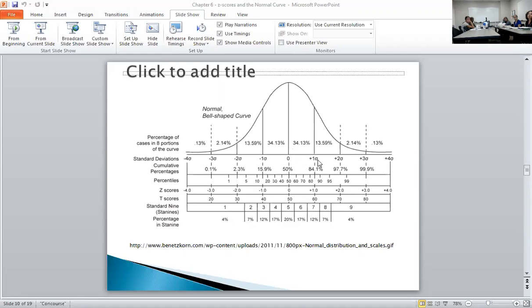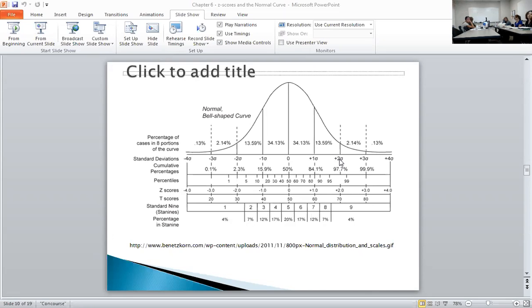If it's between 1 and 2 standard deviations, either above the mean or below the mean, that's kind of considered your at-risk range. So you're at risk for greater difficulties in those areas. Okay? If you're at that point, we kind of want to watch, we want to monitor how things are going, because you could develop even greater difficulty. You're getting away from the norm of what we would expect.